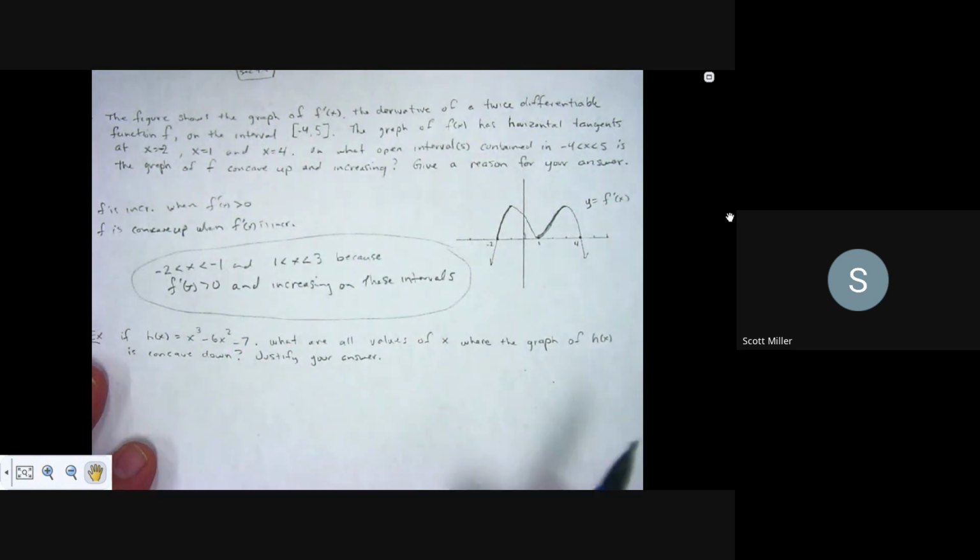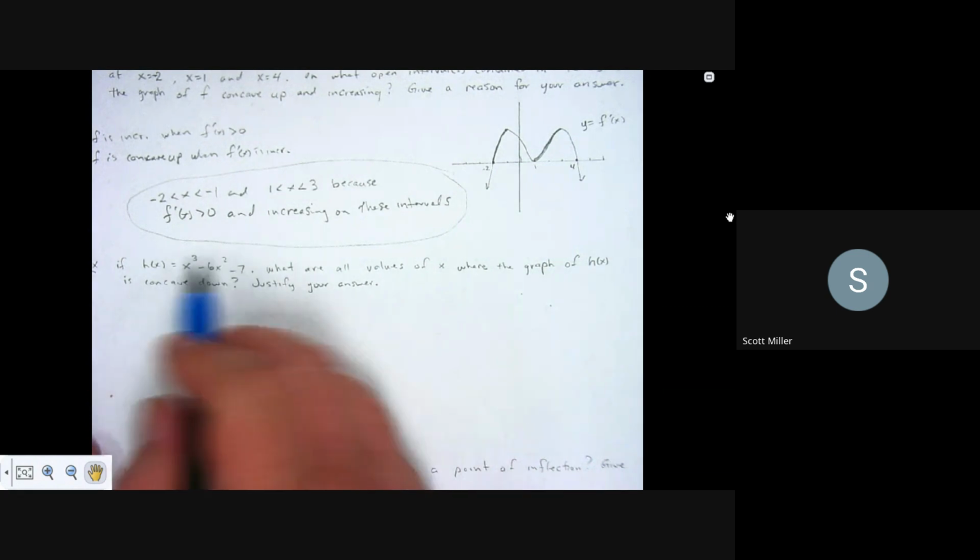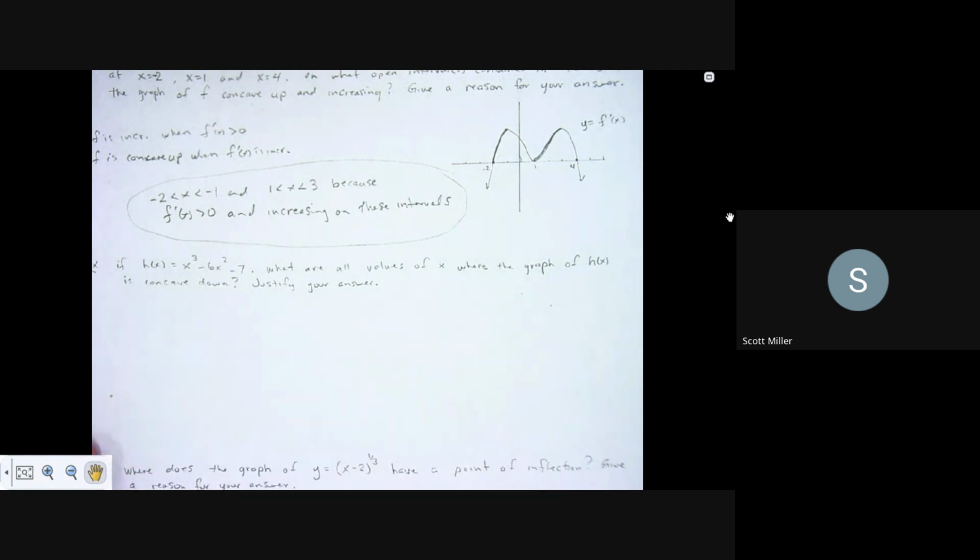Okay? Let's look at another example down here. Here I have a function h, which is x to the third minus 6x squared minus 7. What are the values of x where the graph of h is concave down? Justify your answer. So in this process, since I was given an equation in function form, I can answer this question for concavity.